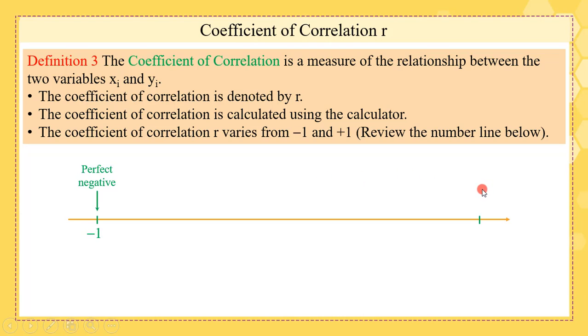If R equals +1, the relationship between X and Y is perfect positive. If R is between -0.3 and 0, this relation is weak negative. If R equals 0 or is between 0 and 0.3, it is weak positive.